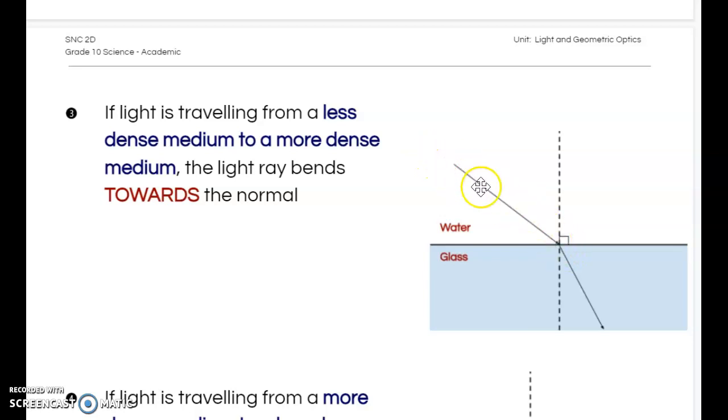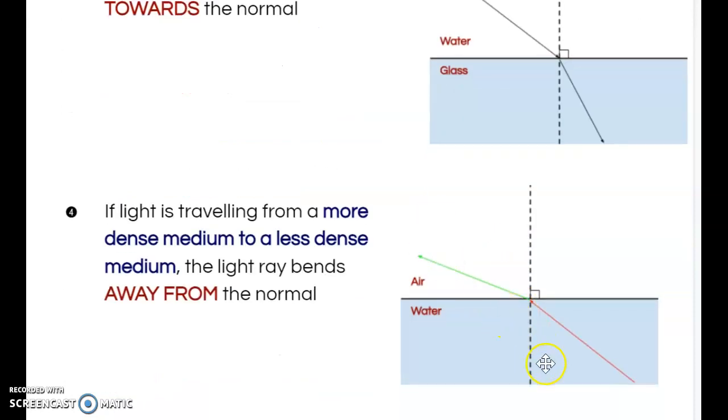What's going to happen is this light ray is going to hit here, and then it's going to bend toward the normal, and we have our normal right here. And the normal is drawn in a perpendicular line to the line that separates the two media. So from less dense to more dense, you're going to bend towards the normal, and from more dense to less dense, you're going to bend away from the normal.